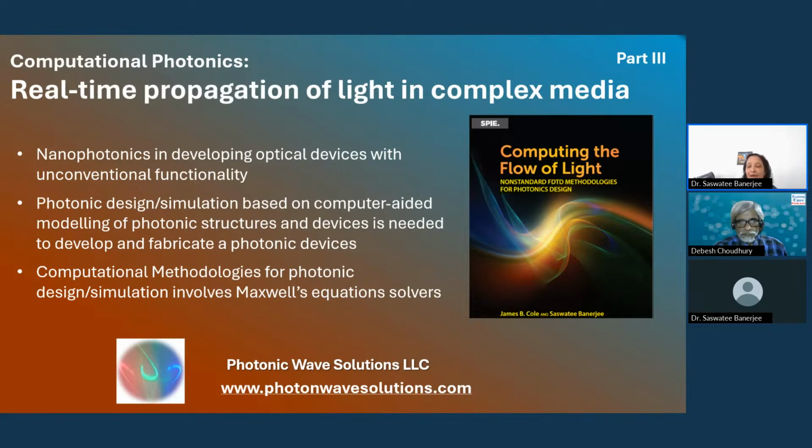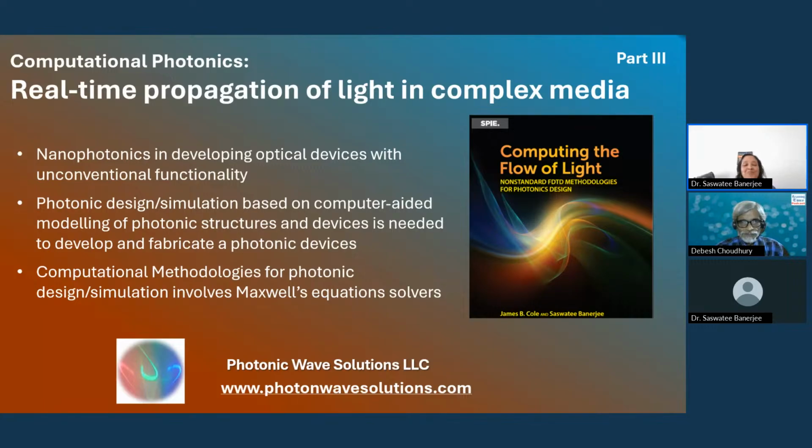And I did the first PhD in applied physics from Calcutta University. So that's where I met Dr. Devesh Chaudhary, and we again reconnected this year. And so this came to a nice little project.